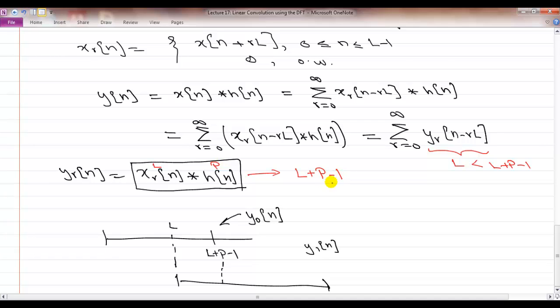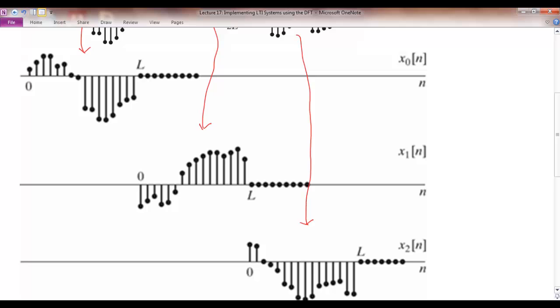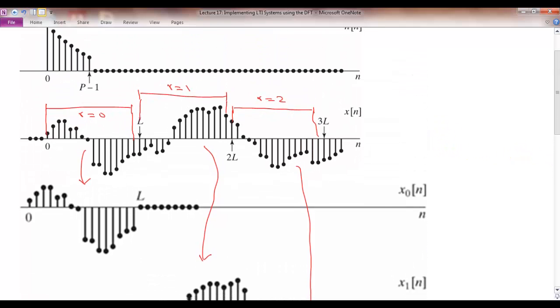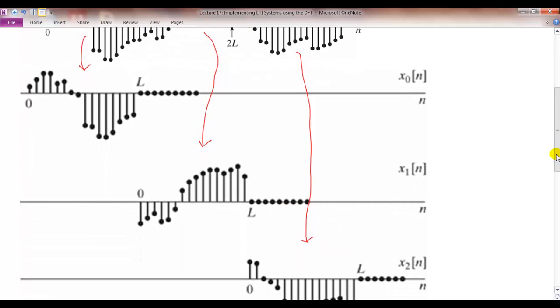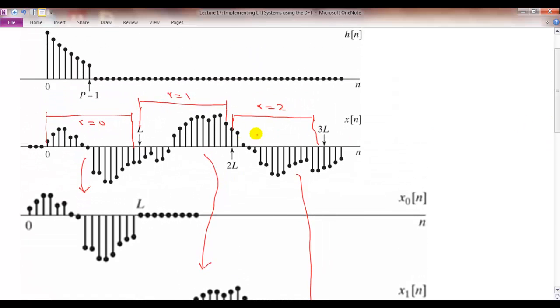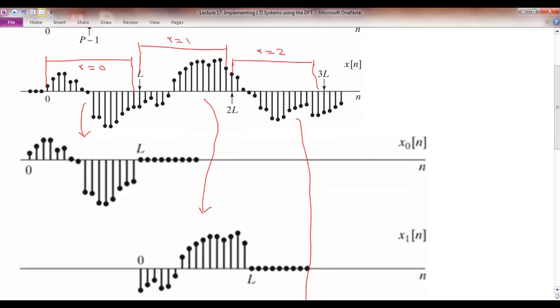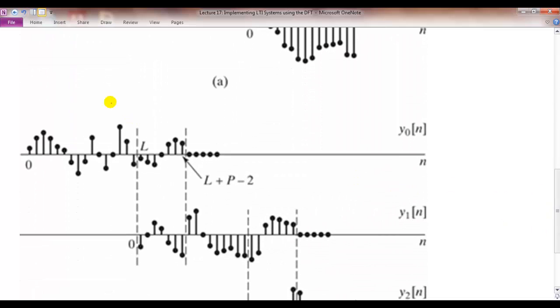So let's take a look at it again in a pictorial fashion. Going back to the same example, we divided our input signal into these three pieces. Now, every time I get a new piece, I convolve it with my h[n]. So I get my first L samples, I convolve them, and I get y_0[n], which is the convolution of x_0[n] and h[n].